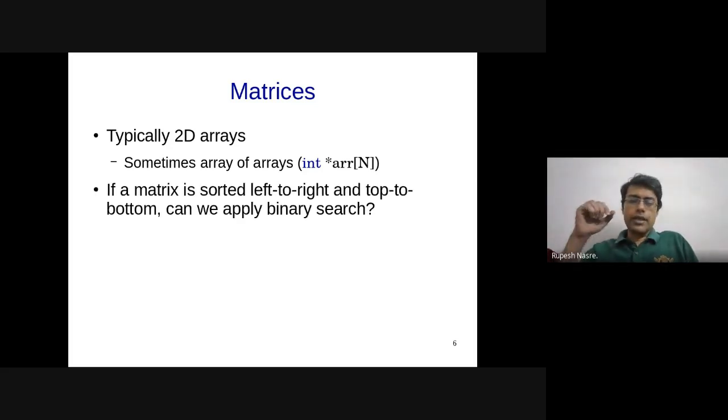So if the matrix is sorted from left to right and top to bottom, can we perform binary search? This question we would like you to think about, and we'll come back to this on the next slide.